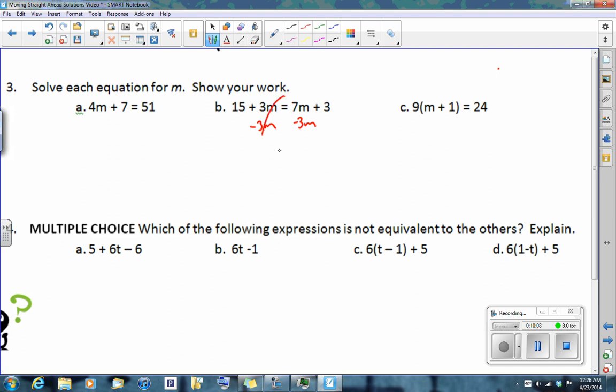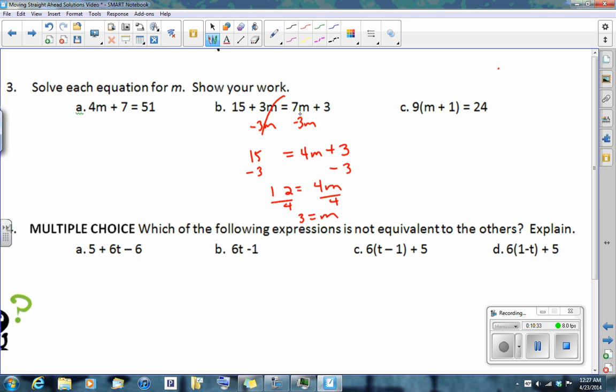That gets rid of those. We're left with 15 coins, if you will. On this side, we're left with 4m, and we have plus 3 coins. Now we'll take out the 3 coins on this side and this side. So we have 12 coins equals 4m, or 4 pouches, which we divide by 4. We find out that there's 3 coins in every pouch.